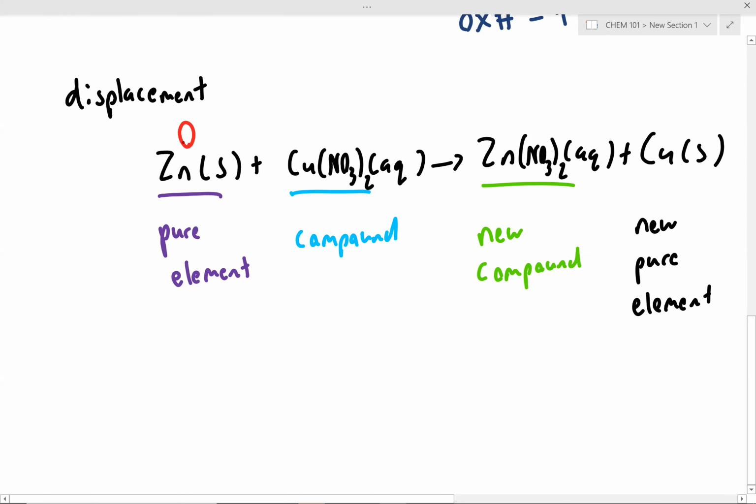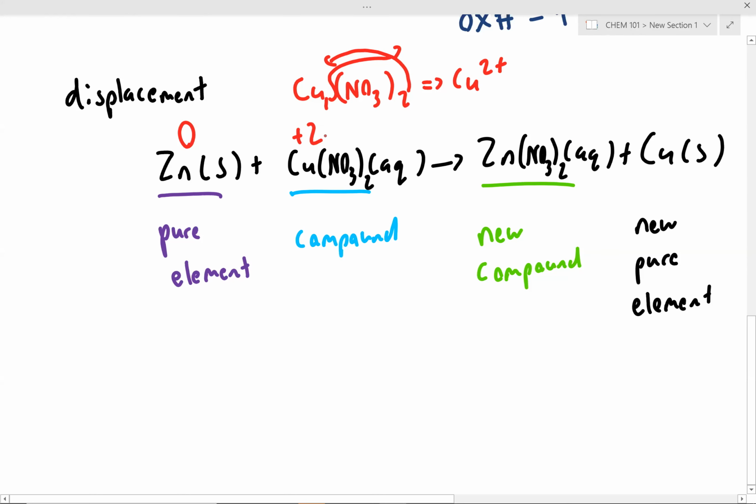Now, what's the charge of copper in copper nitrate? Let's just try to do this. Well, taking a look at copper and then nitrate, if we have two nitrates and we cross our charges, what theoretical charge for copper do we get? Yeah, so we get Cu2+. So what's the oxidation number of copper? 2+, exactly. We're just reading off the charges, okay?